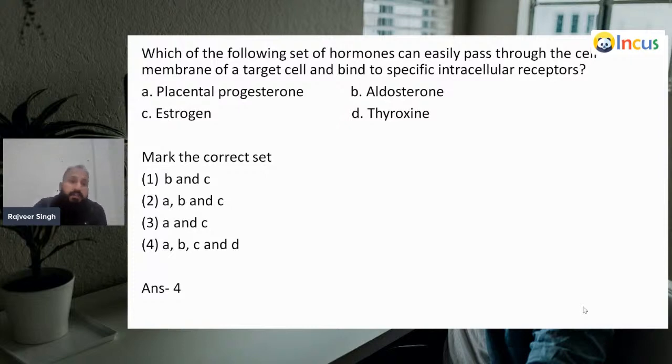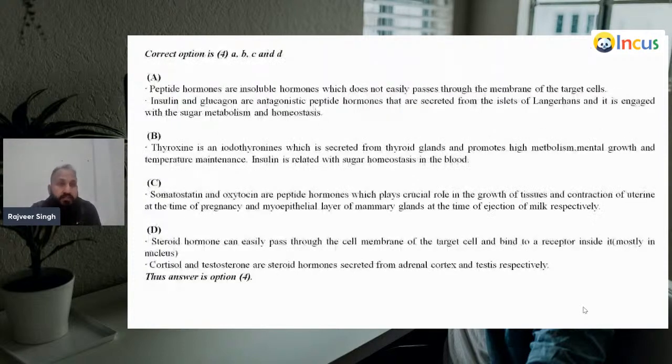But why can we say all are correct? Because peptide hormones are water soluble hormones which do not easily pass through the membrane of the target cells. Insulin and glucagon are antagonistic peptide hormones, right? They are secreted from the islets of Langerhans and are engaged with sugar metabolism and homeostasis.